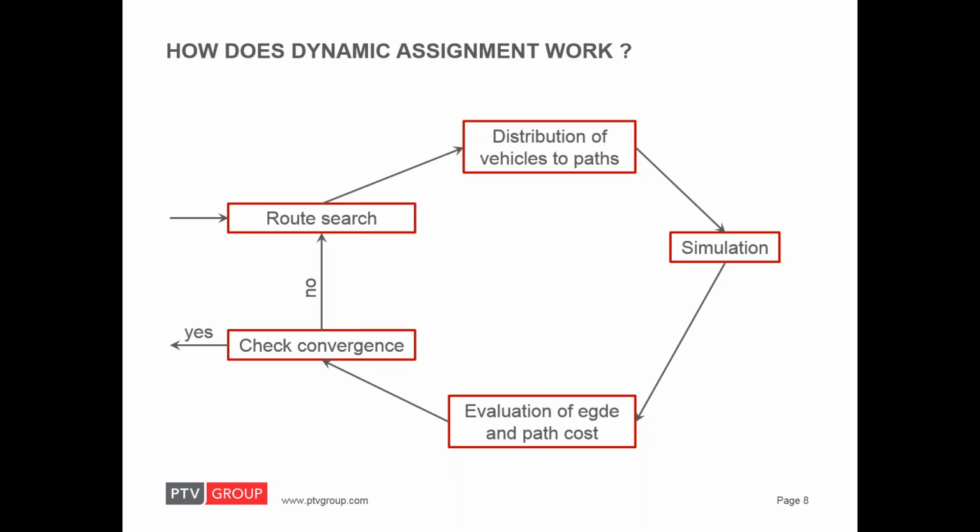And then the evaluation of costs follows for the paths and the edges. And then there is a convergence check. And if the termination criteria are not met, then the iteration starts again. So the only change is for the simulation, because the vehicles move based on the mesoscopic algorithm.